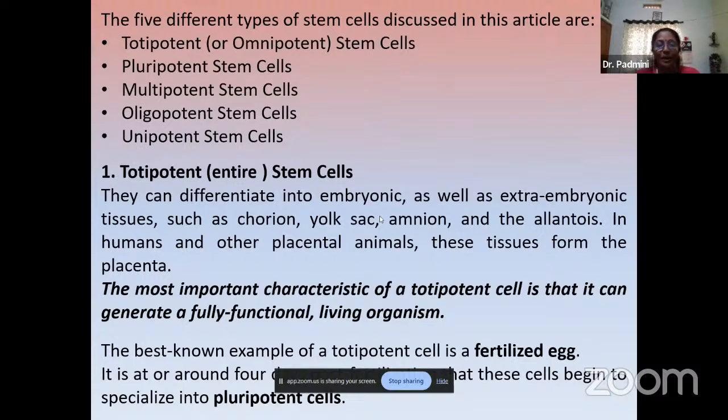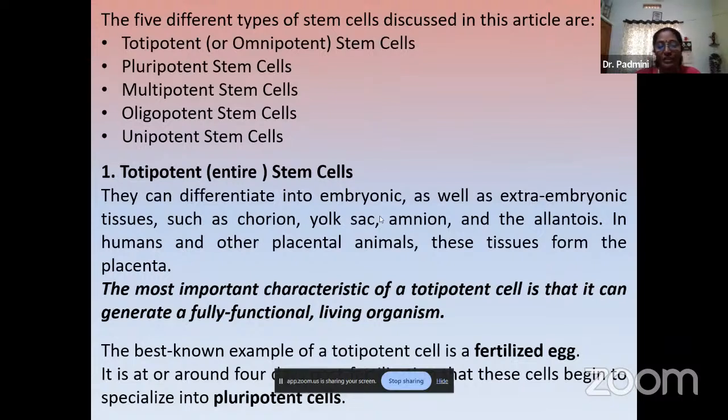So the best known example of totipotent is, of course, the fertilized egg. The fertilized egg is going to form the different types of cells. So when I ask you what is an example of a totipotent stem cell, blindly you can say it's the fertilized egg.